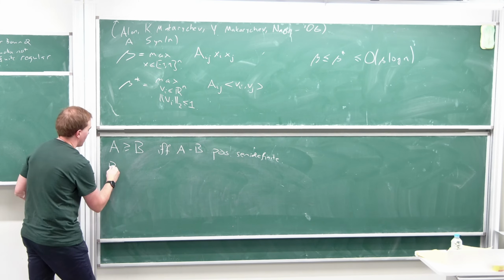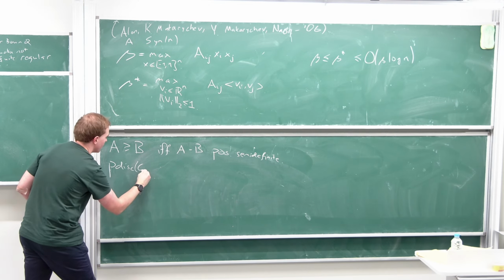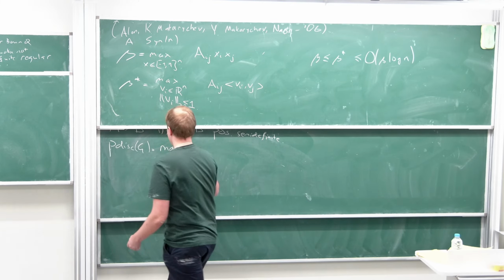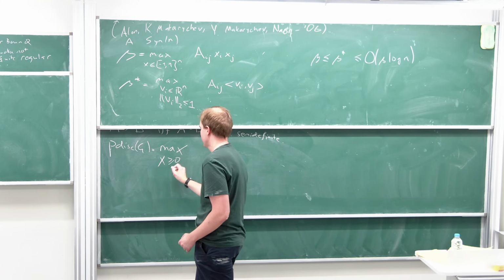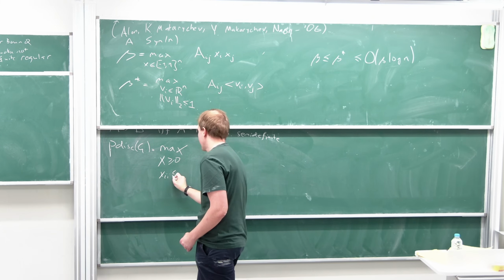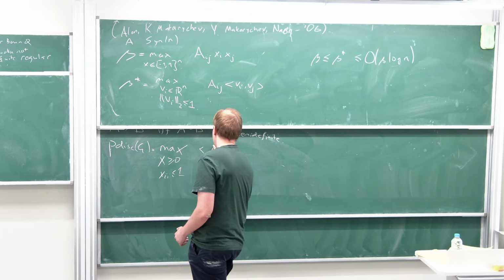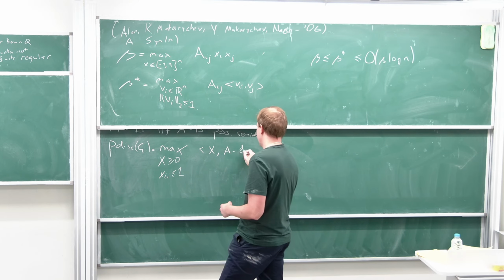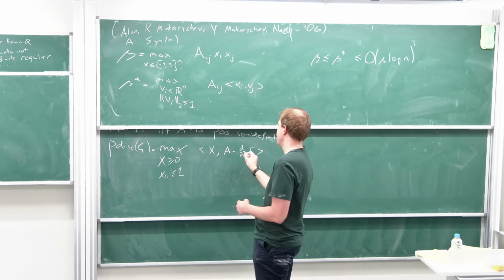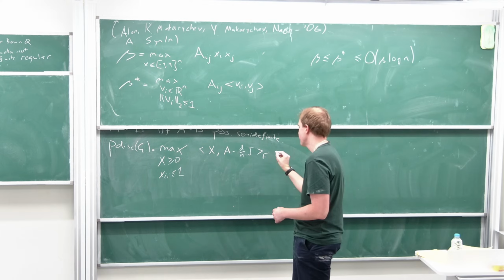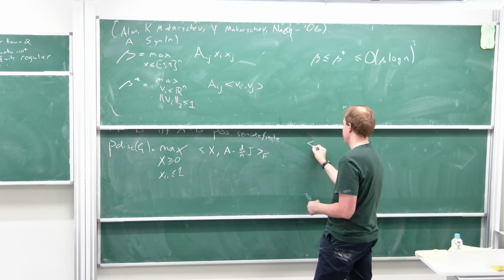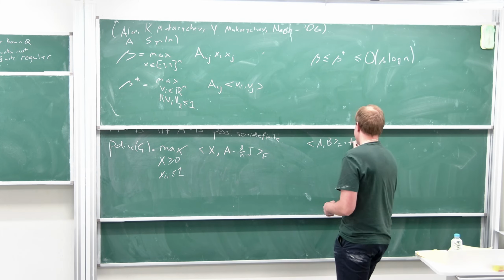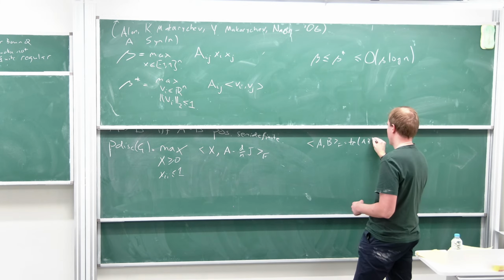And we define an optimization problem P_disc of G to be the maximum, taken over matrices X which are positive semi-definite and whose diagonal entries are at most 1, of the inner product of X and A minus (d/n) J, where this Frobenius inner product is just the trace of A B transpose.